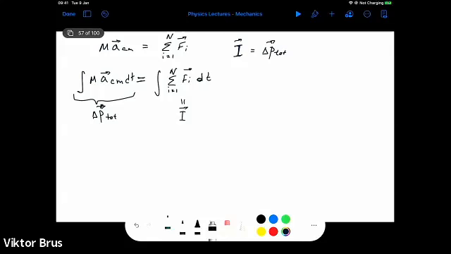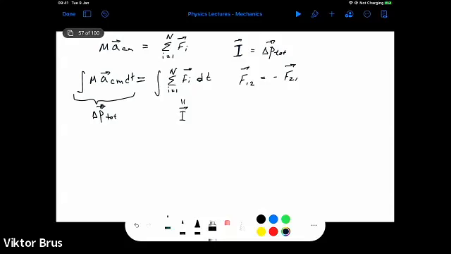Internal forces, according to the third law of motion, we can write that F12 is equal to minus F21.